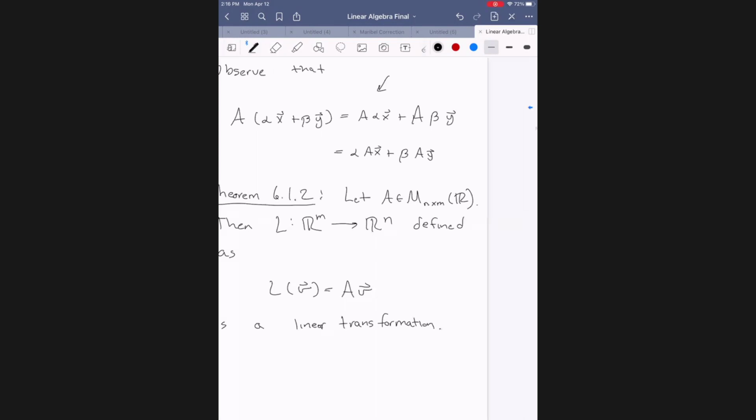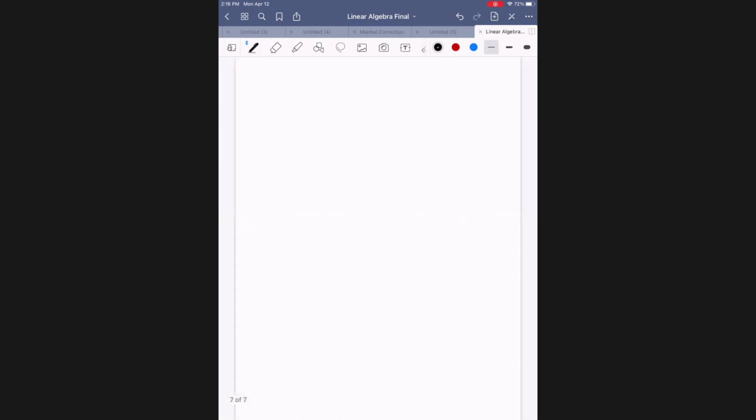Here's the warning now. Not every linear transformation is a matrix.